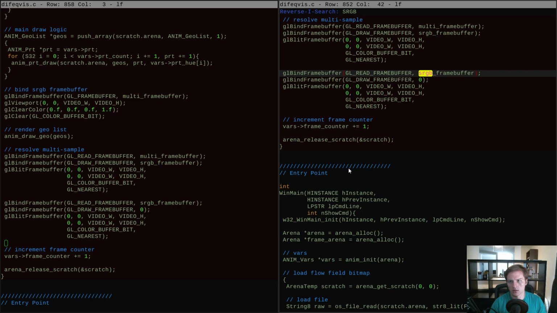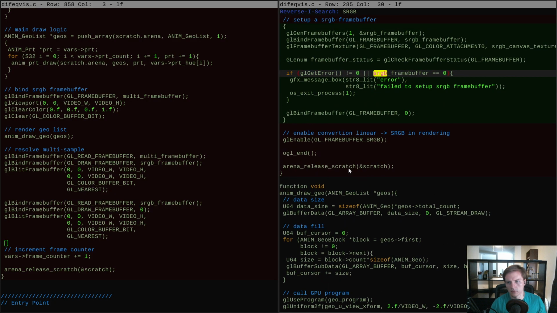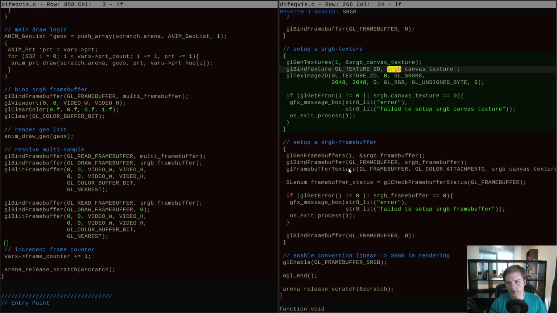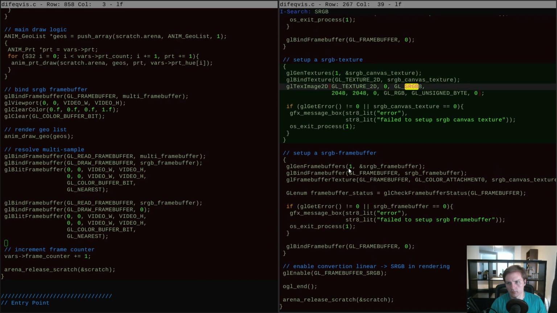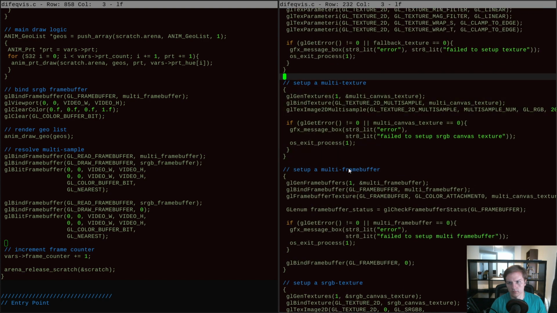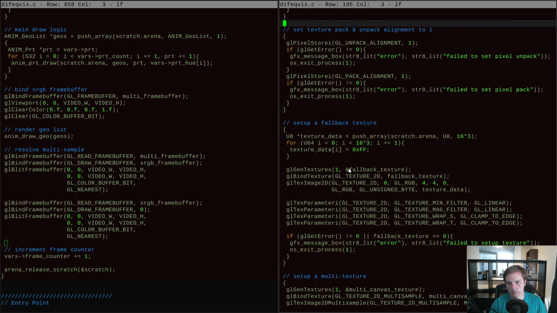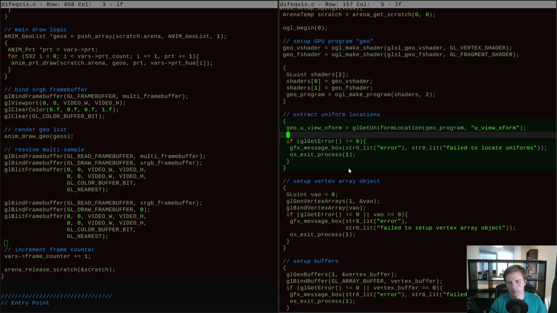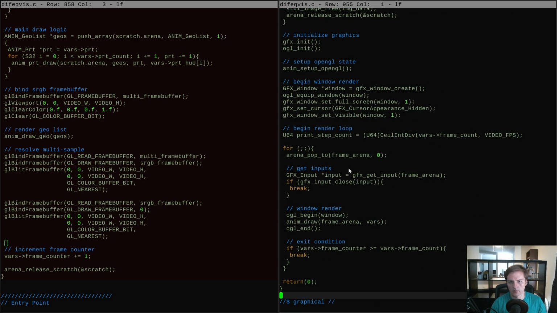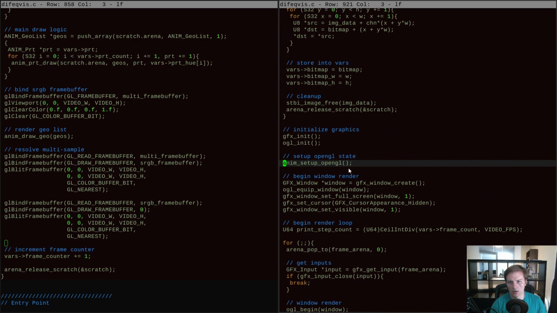Why don't we have an sRGB back buffer? That's going to be living over in my inner setup, OGL init.